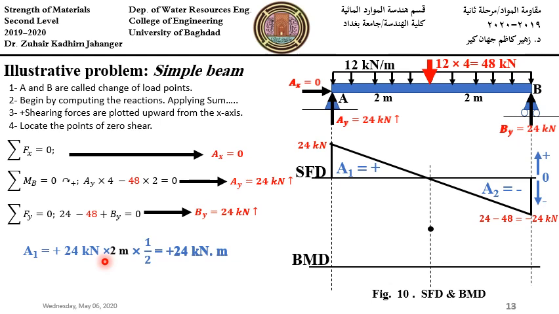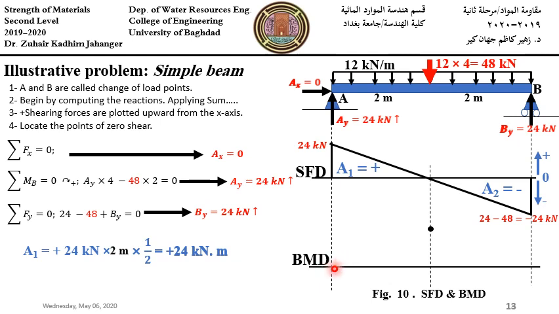Because the shear diagram is a straight inclined line of first degree, that will produce a second degree curve for the moment.